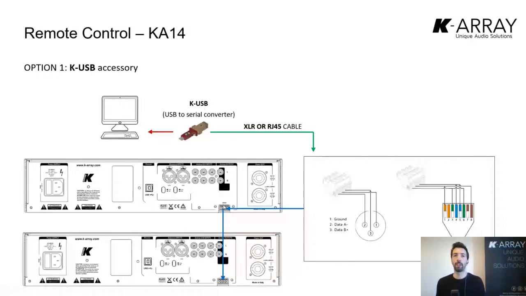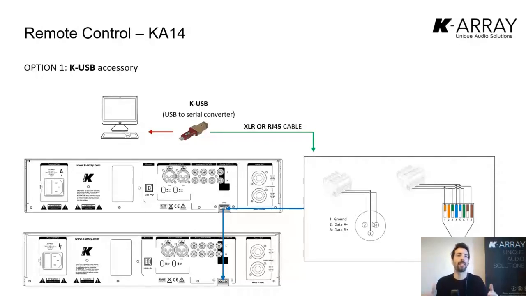So you will need to create a short adapter cable from XLR to Phoenix Euroblock connector. And this way you can enter in a KA14 using the KUSB accessory, okay?